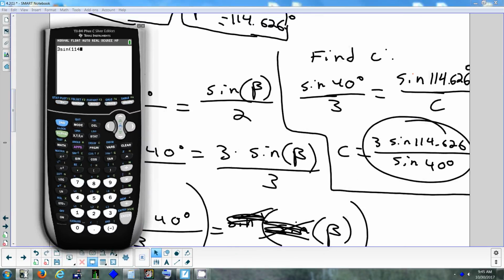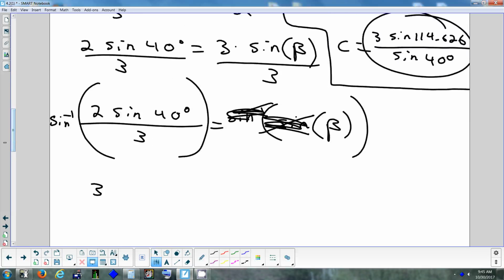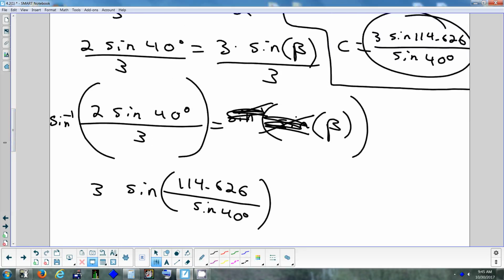Sine 114.626. Does it matter if I close the parenthesis? Yeah, if you don't close it, what it's going to do is this. 3 sine 114.626 over sine 40. If you don't close it, the calculator is going to think that's what you want to type in.